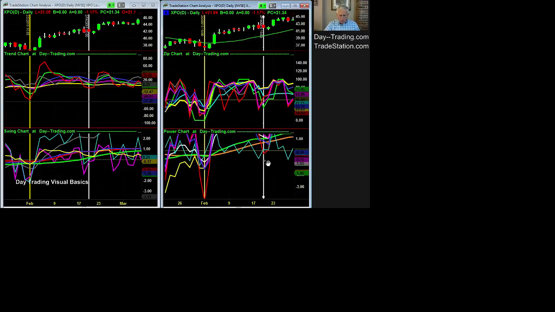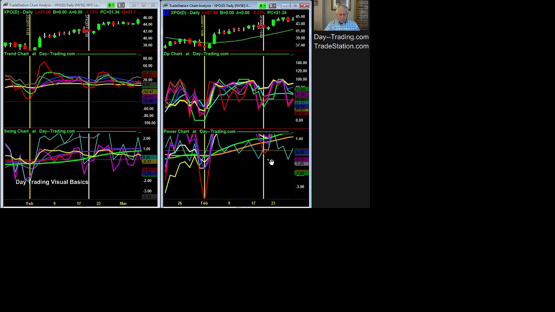As you can see, the power red went down underneath 0, and power red was minus 0.24. When it went up the next day, after the white vertical line, the power red was at 0.05.